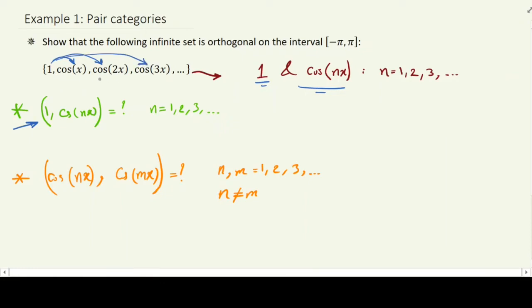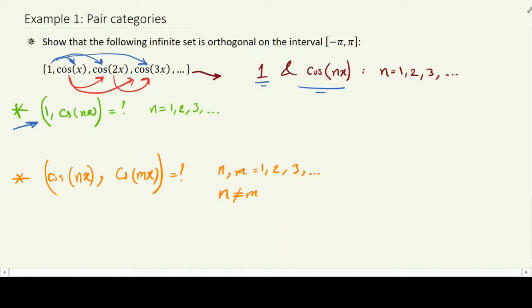All these pairs of functions are going to be represented by 1 and cosine nx. But the other scenario that you could have is to have both functions coming from the cosine family. So one of them can be, for example, cosine x, the other one can be cosine 2x, or cosine x and cosine 3x, or cosine 2x and cosine 3x, and so on and so forth.